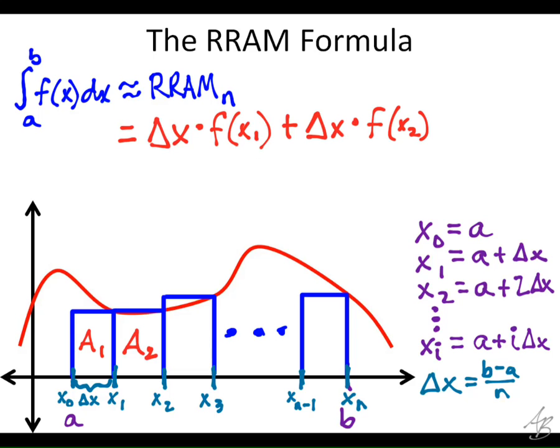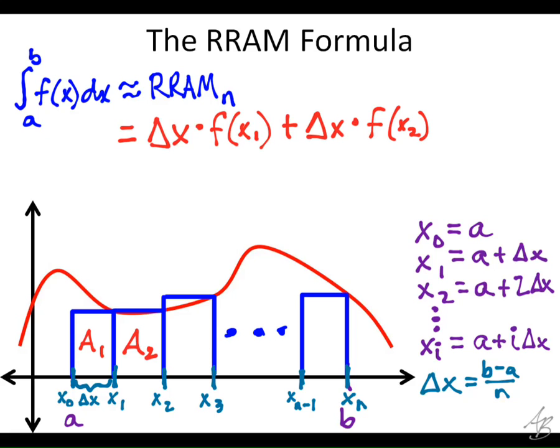Now, a lot of what we're doing here is going to seem very similar to what we did before, except we had kind of a set number of rectangles before. And this pattern is going to continue, right? It's always going to be delta x times f of x sub whatever the interval is.